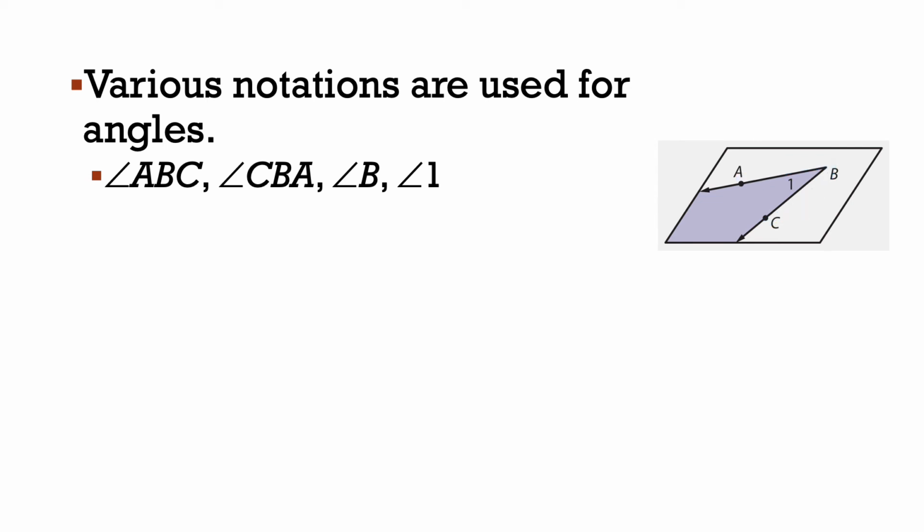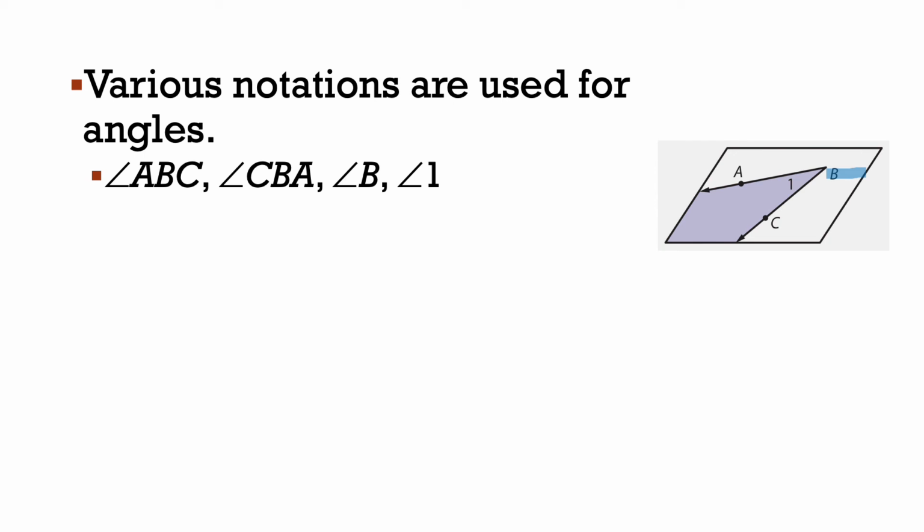We can also call this angle by its vertex, in this case B. However, we can only call it by its vertex when it's not sharing that vertex with any other angle. Thankfully, this is only one angle, so we can say this is angle B.